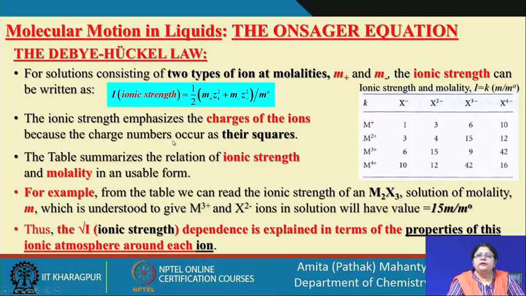What we have just found out is that the square root of ionic strength dependence can be explained on the properties of the ions surrounding each central ion.